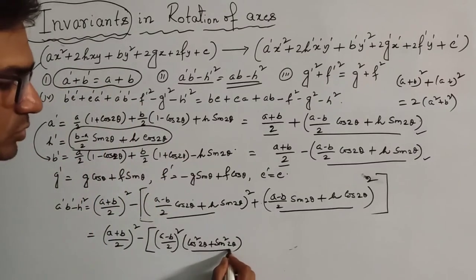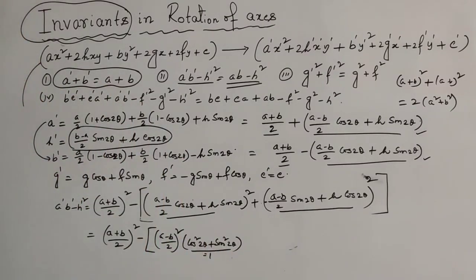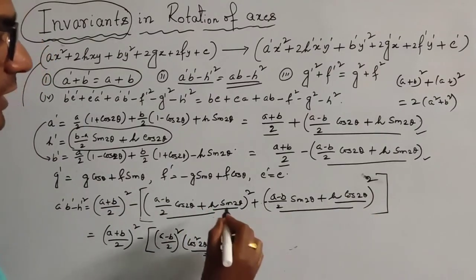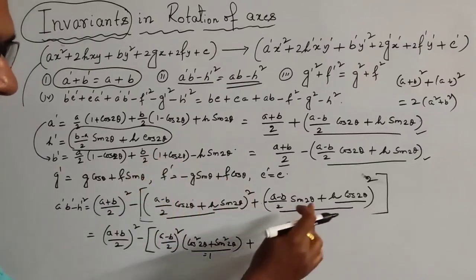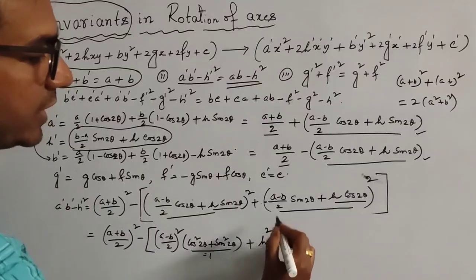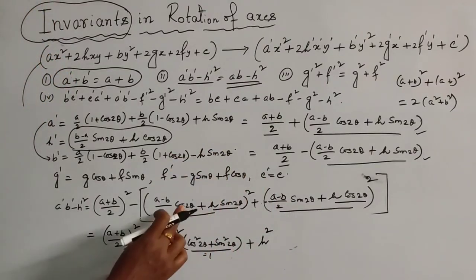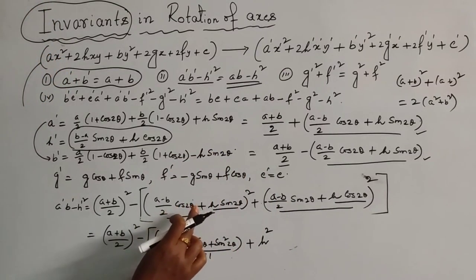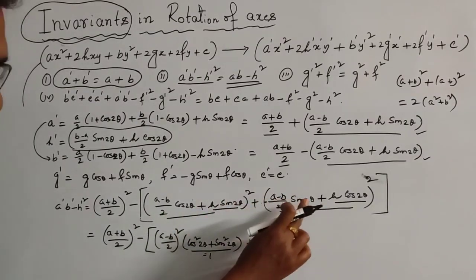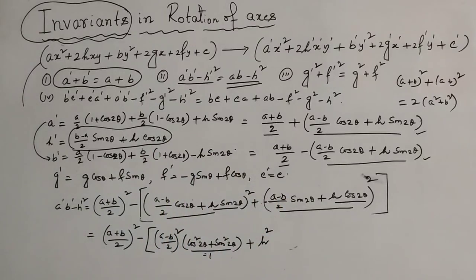Okay, this is equal to 1, and from this and this we get h square sin square 2 theta plus h square cos square 2 theta. So we get only h square, and this 2ab term and this 2ab term, this term is plus and this term is minus, so these 2ab terms are cancelled out. So we get the total result as like this.